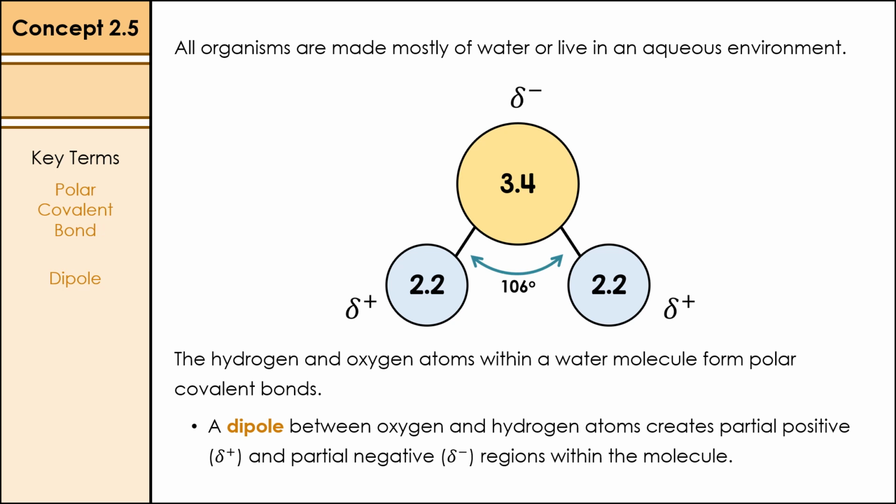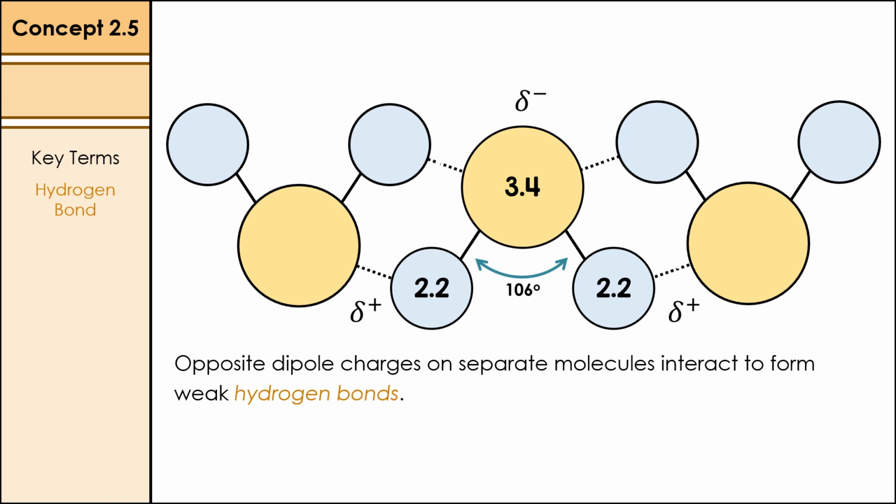And this will allow our oxygen and our hydrogen to interact with other water molecules to create hydrogen bonds. Now, these hydrogen bonds are the reason that all of our different emergent properties are so important and so influential in the grand scheme of things.